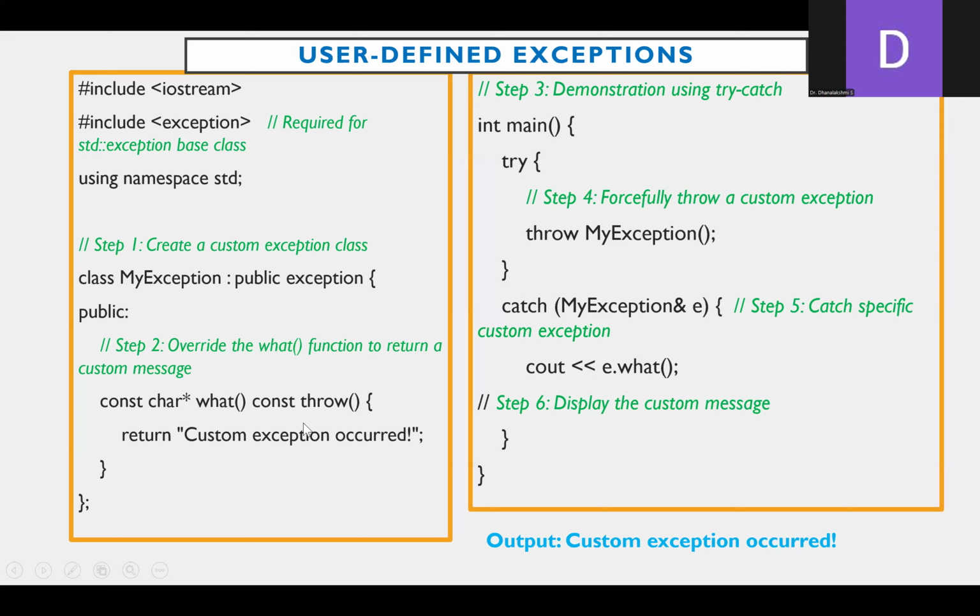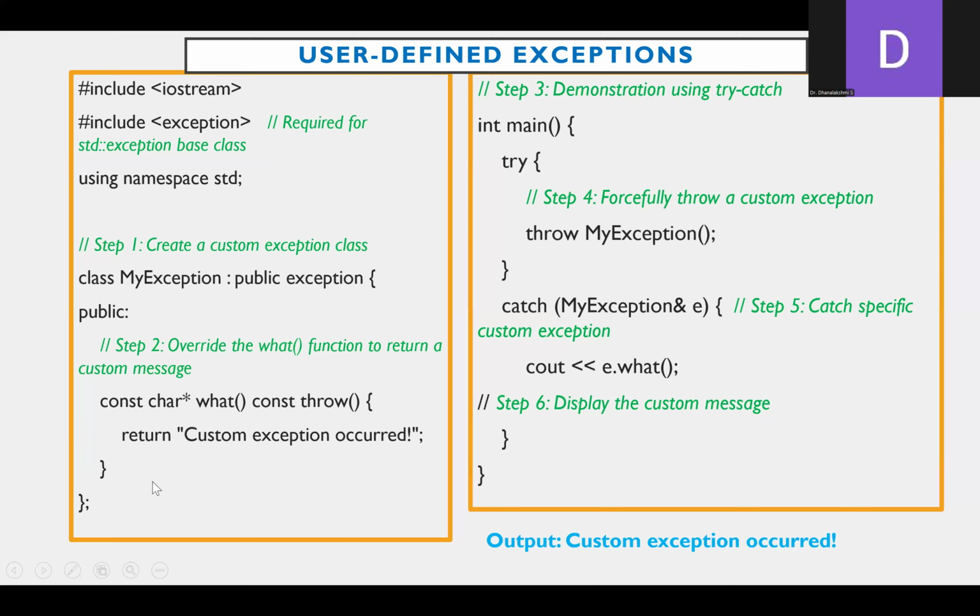By overriding it, you provide your own error message. The const here means the function does not modify the object. I told you already in the previous slide. The throw() is an old-style exception specification, indicating this function won't throw another exception. Instead of this, in modern C++ they use noexcept instead of throw().